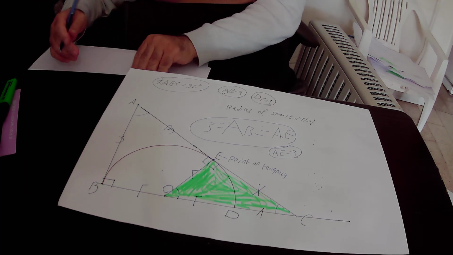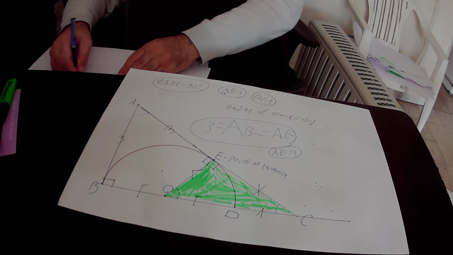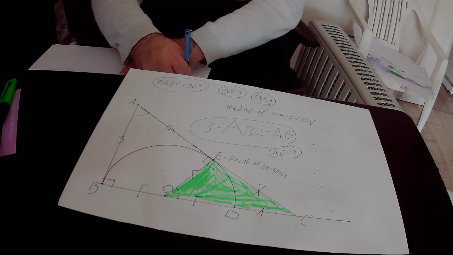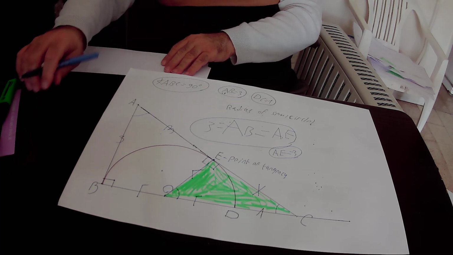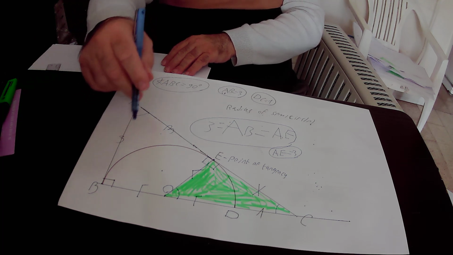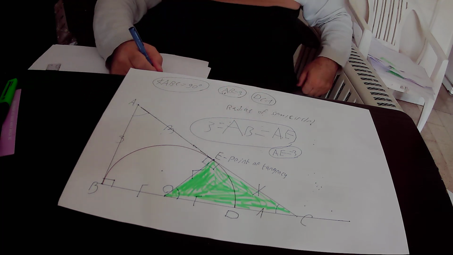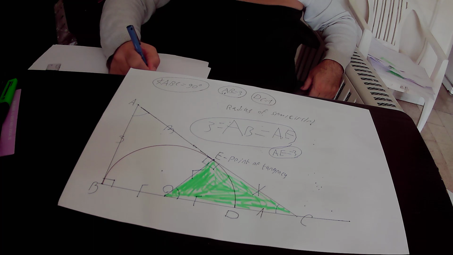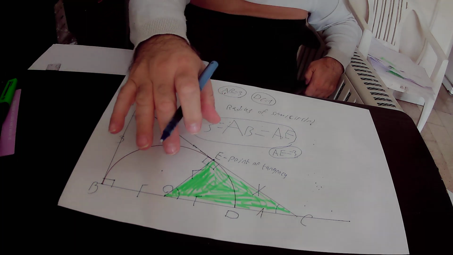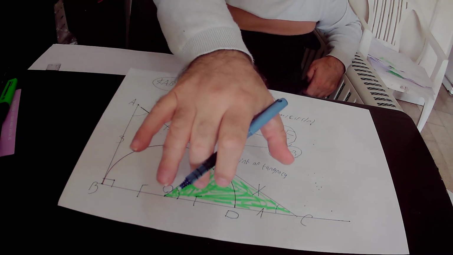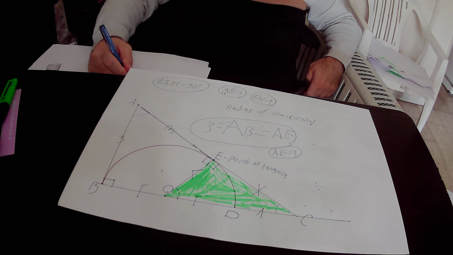So from the fact that triangle ABC is similar to triangle OEC, the right green triangle, we will conclude that AB over AC equals OE over OC.